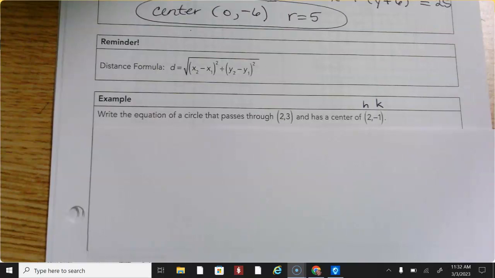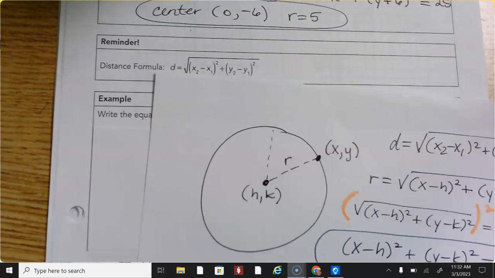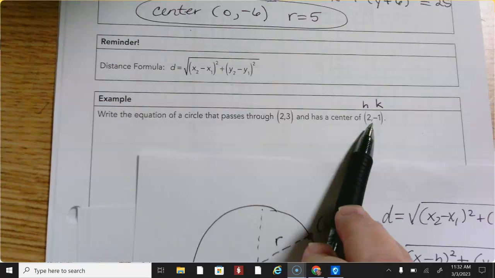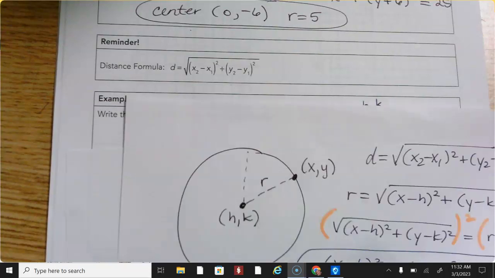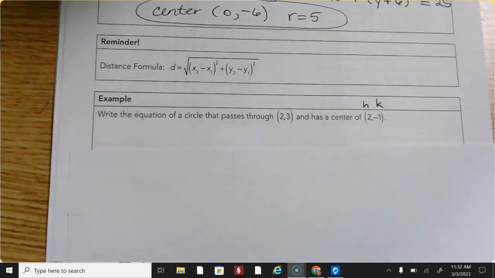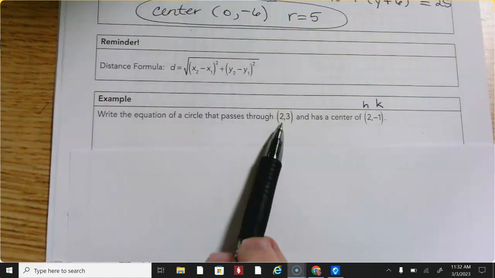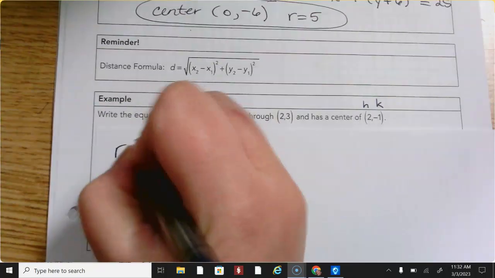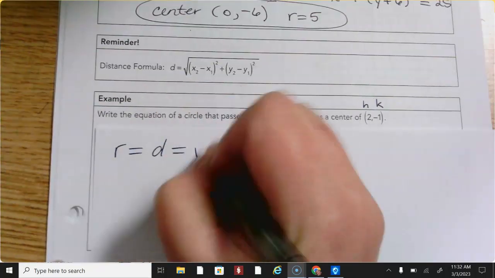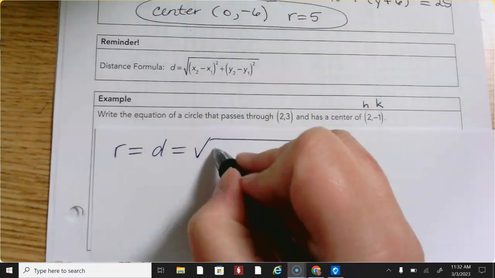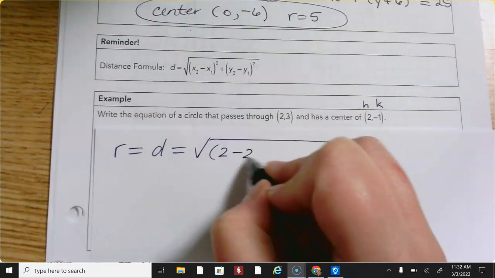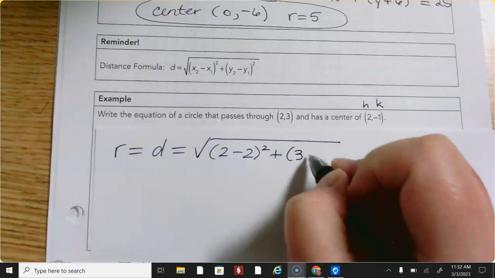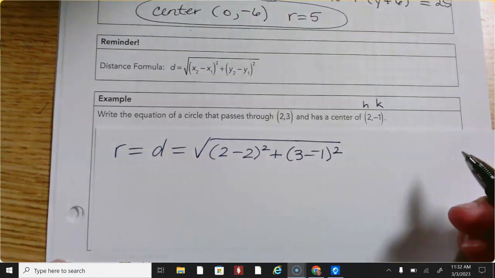But I do know that the radius is the distance between the center, which I know, and any point that's on the circle. And I have a point on the circle. So the distance between these is the radius. So I'm going to subtract the x's, 2 minus 2 squared, plus subtract the y's, 3 minus negative 1 squared.